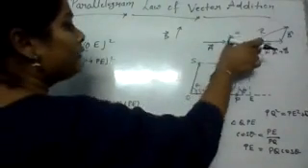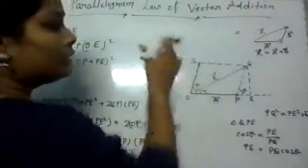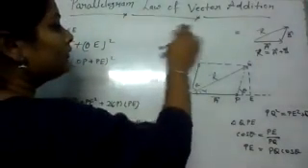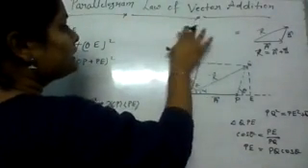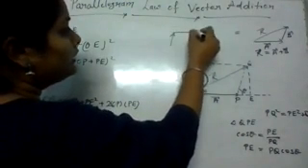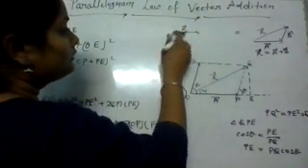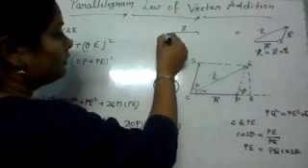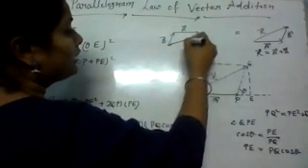Now, we know that addition is commutative, so vector addition is also commutative, so we can represent it like this also: B vector, and here this is your A vector, and this is your resultant vector.